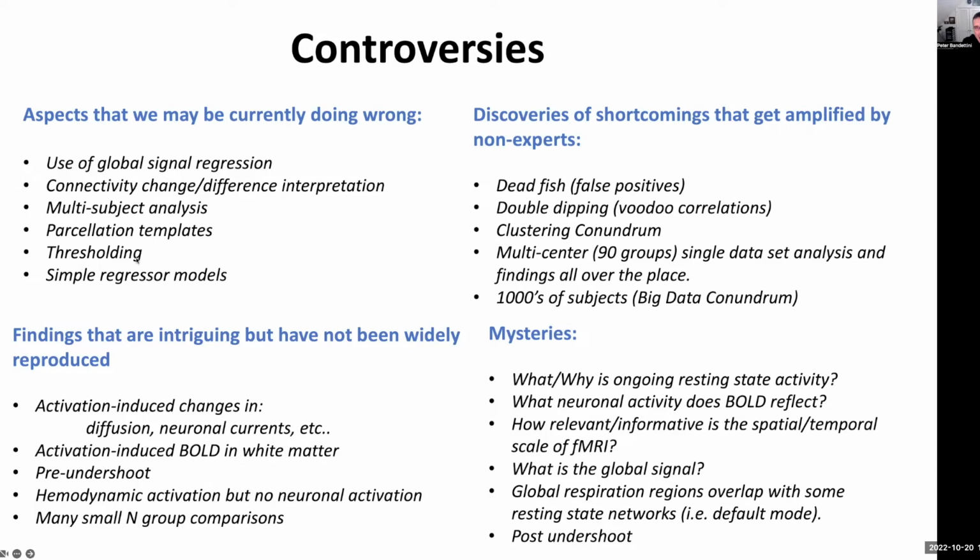The simple use of thresholding. Because we don't really know the nature of the noise, there's a lot of potential misinterpretation with thresholding. And this sort of links to what I'll mention here, this multi-center discovery of shortcomings that get amplified by non-experts. There was a recent paper where 90 groups analyzed a single data set.